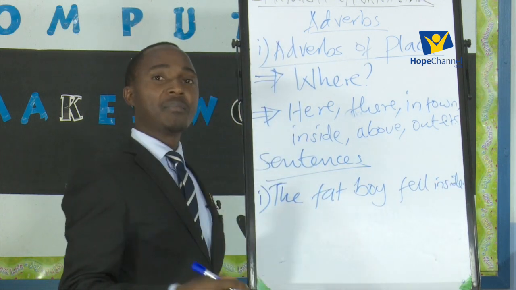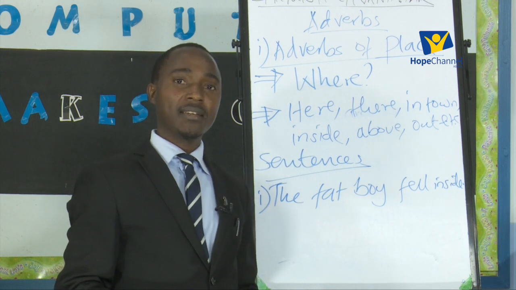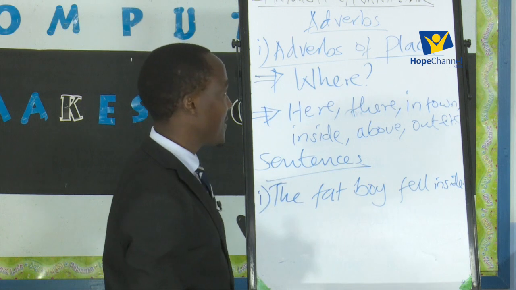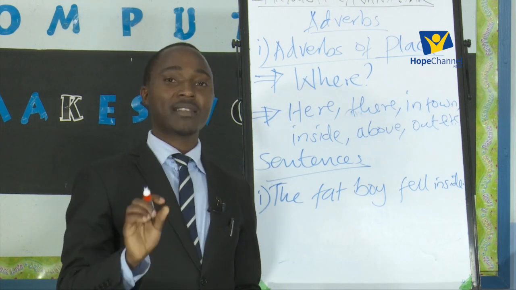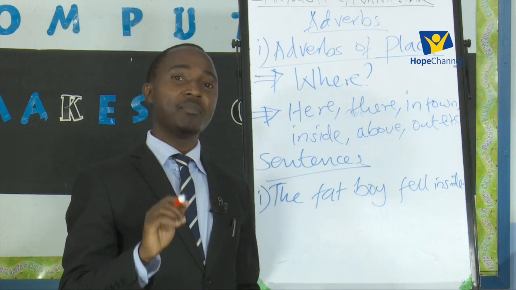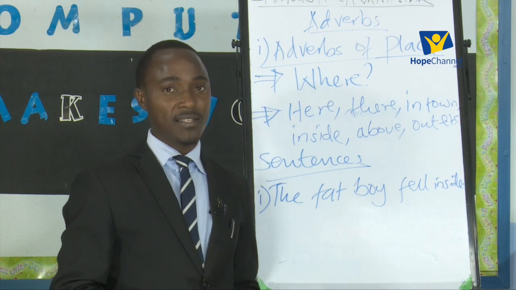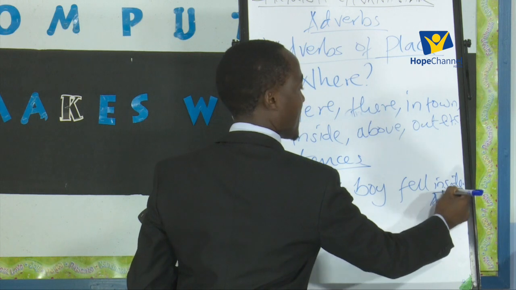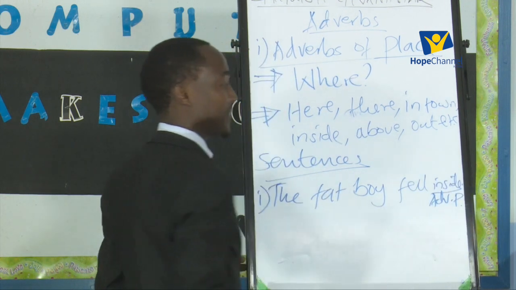We can say, for example, the fat boy fell inside. So, what question will you ask so that we identify the adverb of place? We'll ask, where did the boy fall? And the answer is inside. So, inside is our adverb of place.